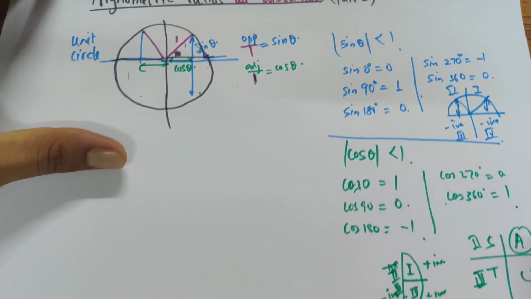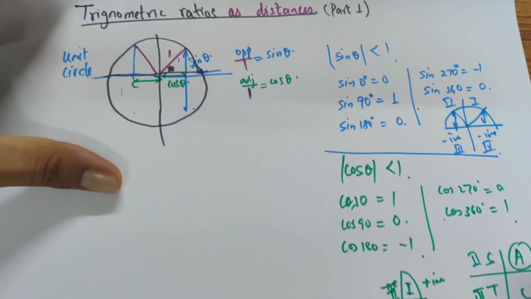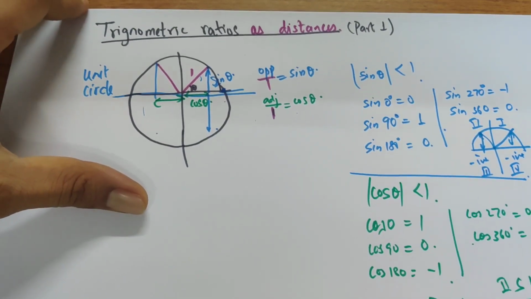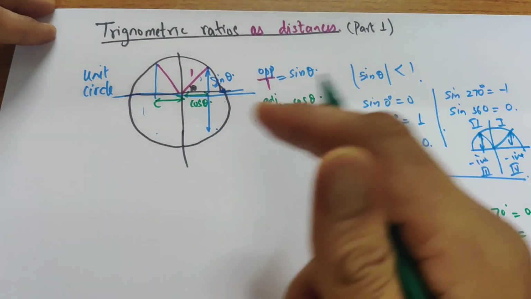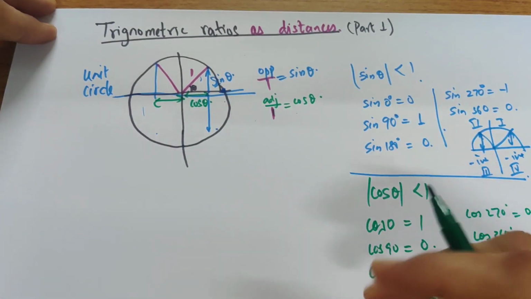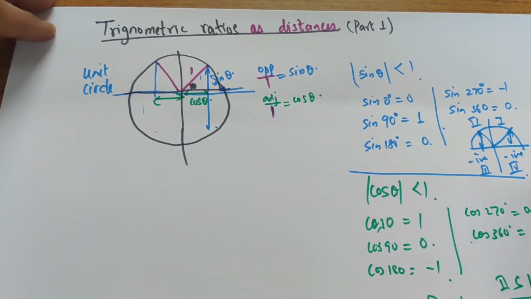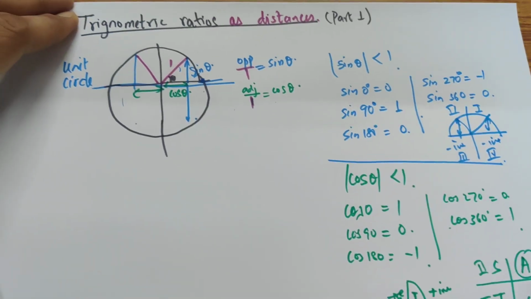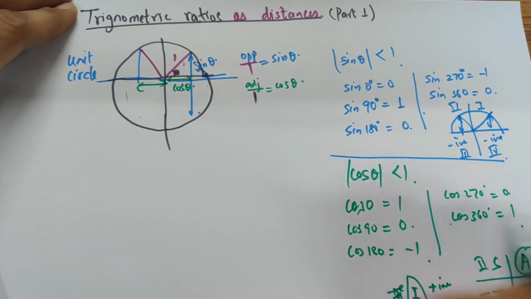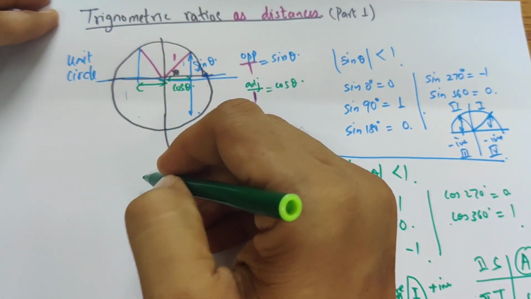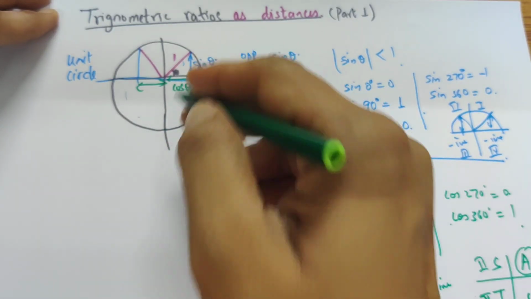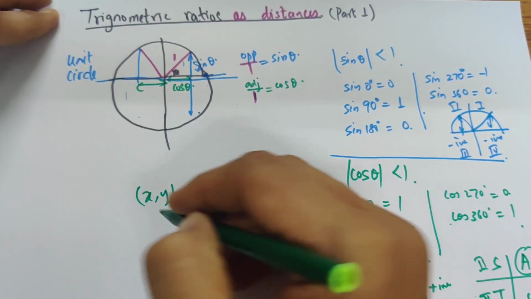So this gives us, looking at the trigonometric ratio as distances, in this part 1 we are looking at sine and cos, a sense of what's happening to sine and cos. And actually this is something many people are familiar with, since we usually use x and y, which is the coordinate system.